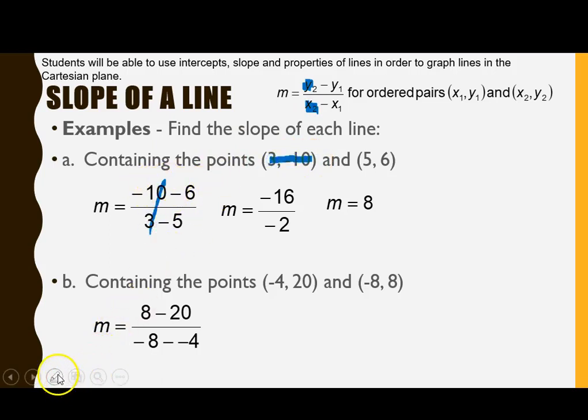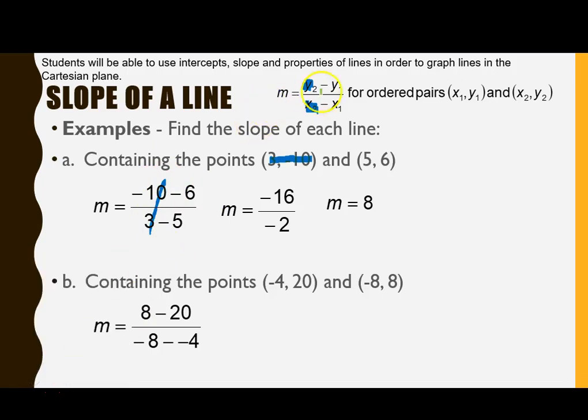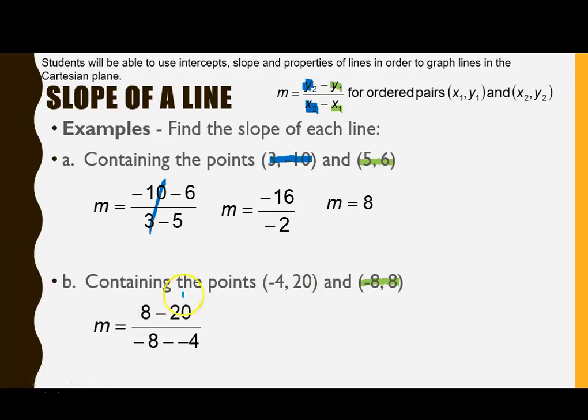Then we did y1 and x1, right? So when we do y1 and x1, that's this ordered pair. It doesn't really matter which one comes first as long as they're paired with their partners. Just like you guys, if you're with somebody, you want to be with them all the time. So here's our two partners lined up.